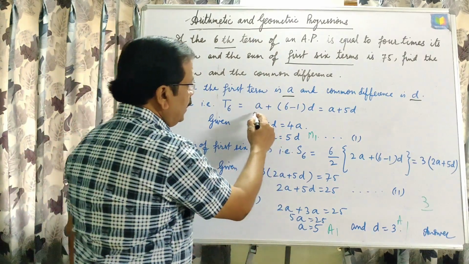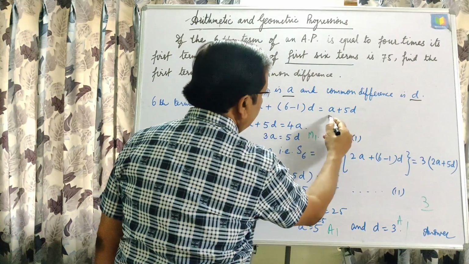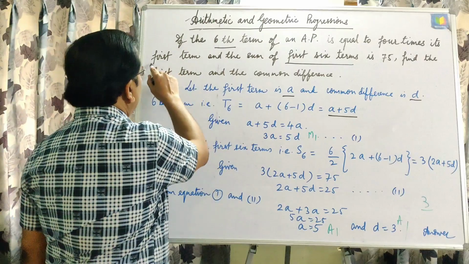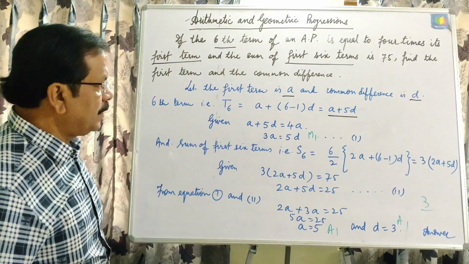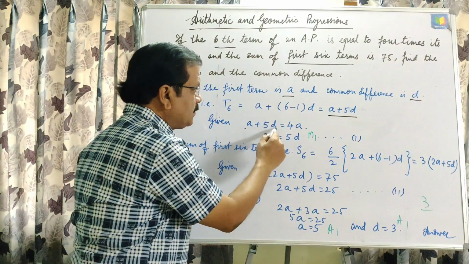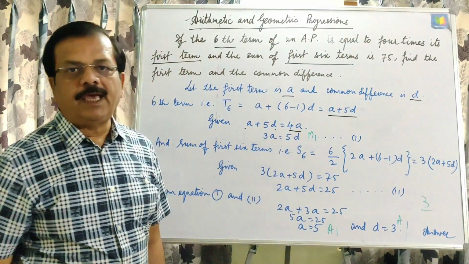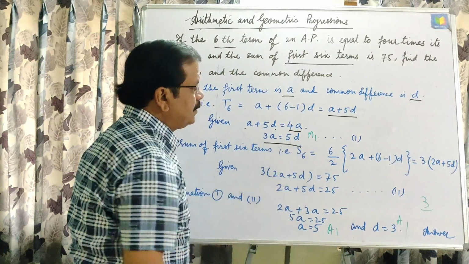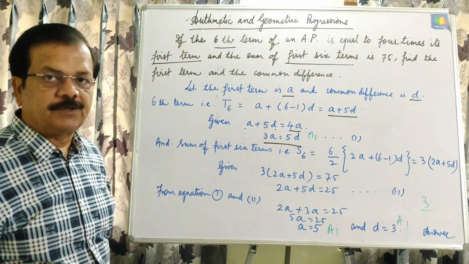After substituting, A plus 6 minus 1 into D, we are getting A plus 5D. Here it is given that this is 4 times the first term, meaning A plus 5D is equal to 4A, and after transposing we are getting 3A is equal to 5D, the first equation.